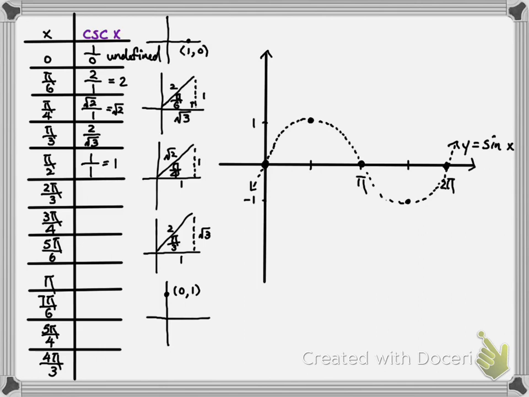Using the similar concept to evaluate the other angles, we have the following. Now we will use a calculator to approximate: square root of 2 is approximately 1.4, and 2 over square root of 3 is approximately 1.2.